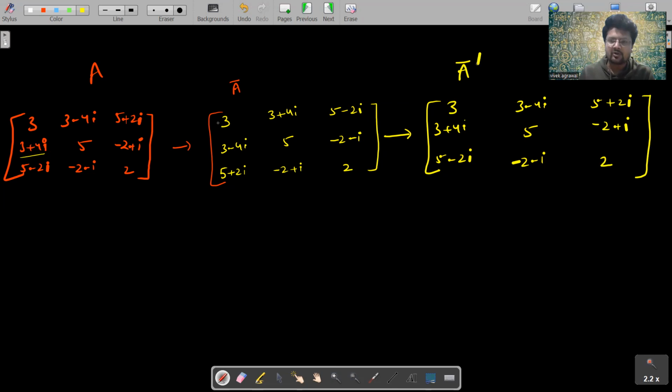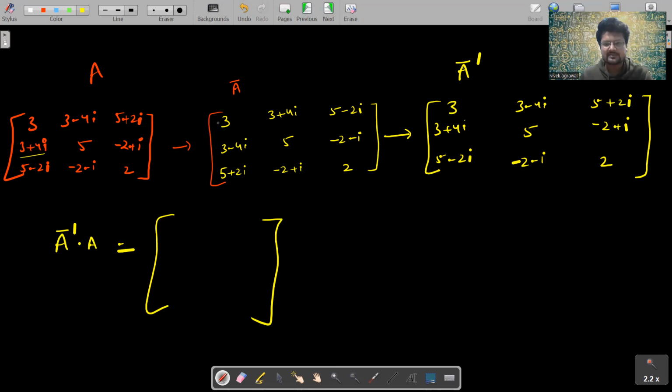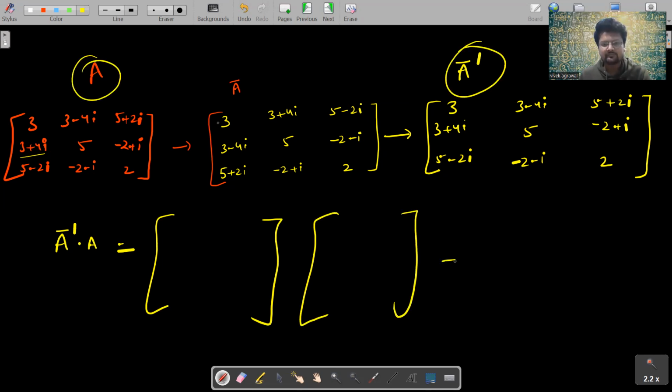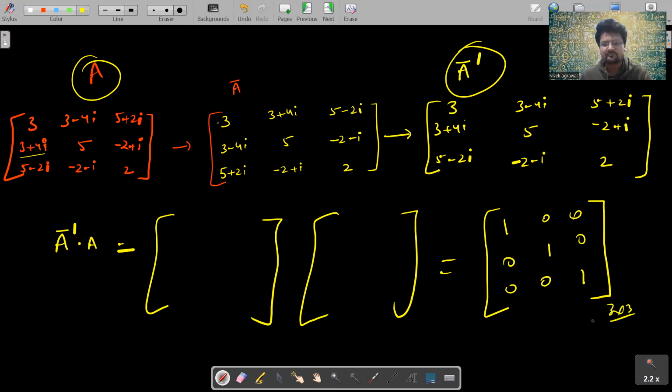So now you have found A bar dash. Now your next work is to multiply A bar dash with A. So you have these two matrices. You have to multiply them, and after multiplying, you must get the identity matrix, which is nothing but 1 1 1 and 0s elsewhere, 3 cross 3.